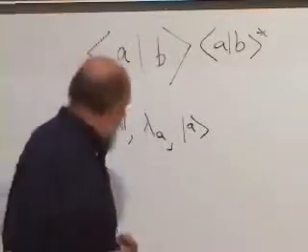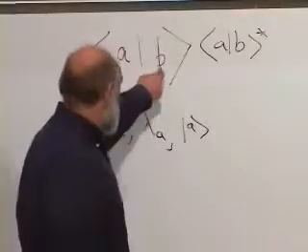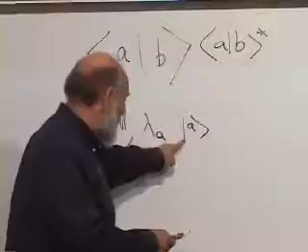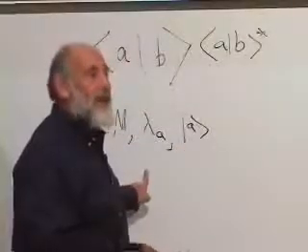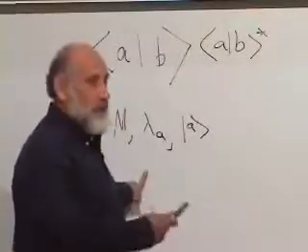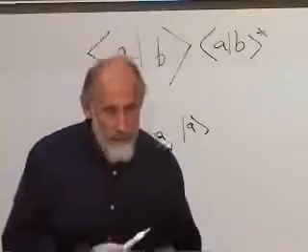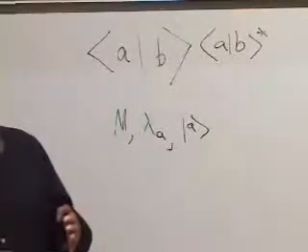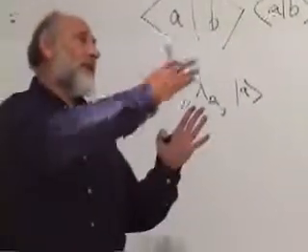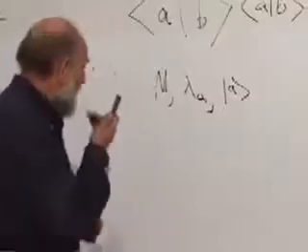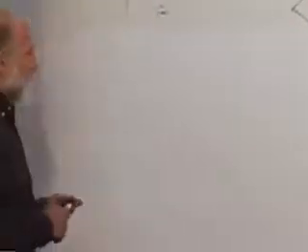And so what it says is that if you prepare the system in one eigenvector corresponding to a different eigenvalue, then the probability that you get A is 0. Good. Perfect. So if you prepare it in one eigenvector and you measure, the probability that you get a different eigenvalue is 0. So that's part of the probabilistic interpretation here.